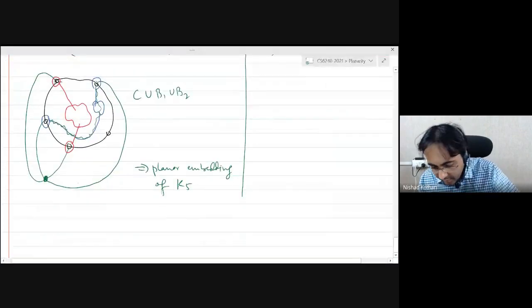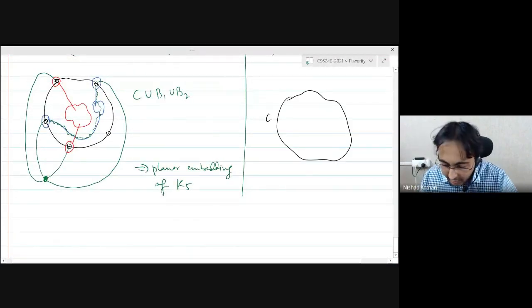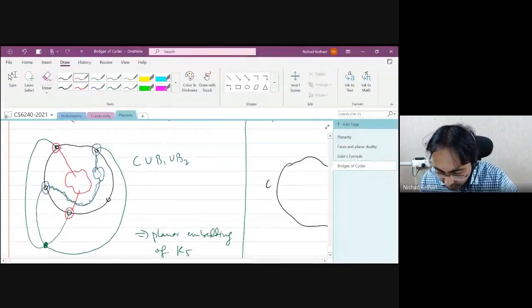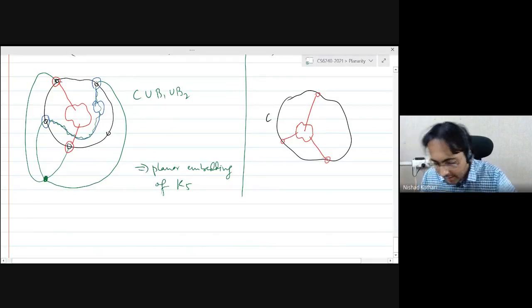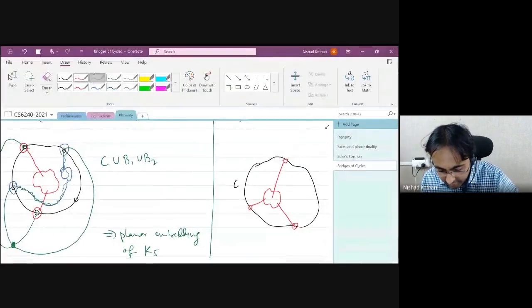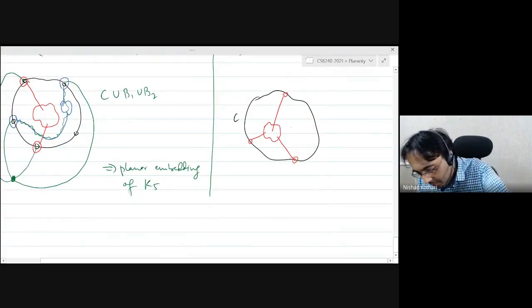So in the other case, you have the cycle C. You have the two bridges, red and blue. Both have the same three vertices of attachment, and both have been drawn inside, which already seems not possible by the drawing, but we don't need the drawing. It's just for the sake of illustration, right?